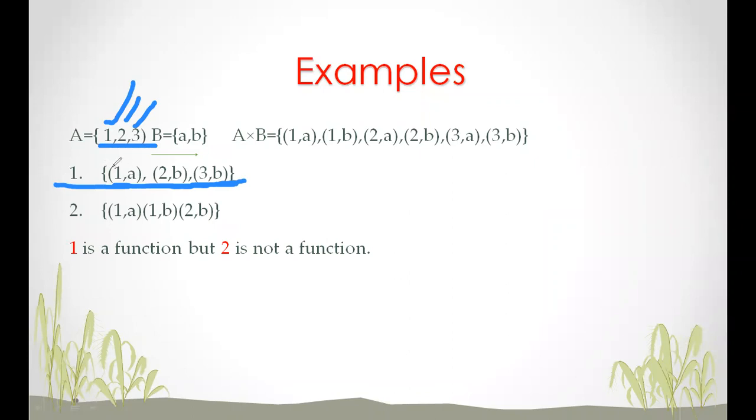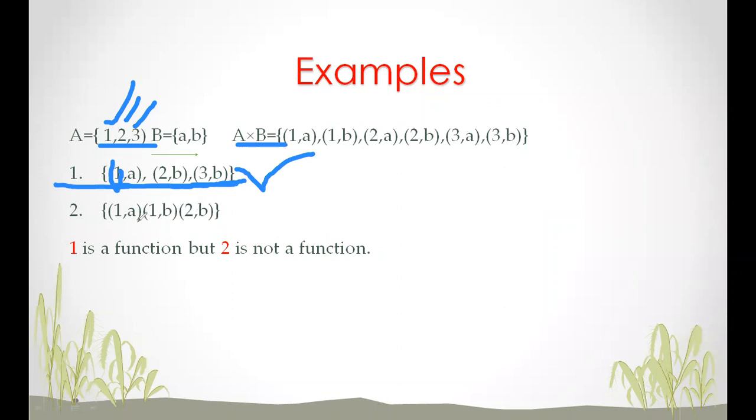Then each first element of A appears once, meaning if we write 1 here, we do not write 1 in any other pair. So 1, 2, 3: no element is repeated, so each element of A is distinct. Both conditions of a function are satisfied. That is why our first subset of this Cartesian product is a function.